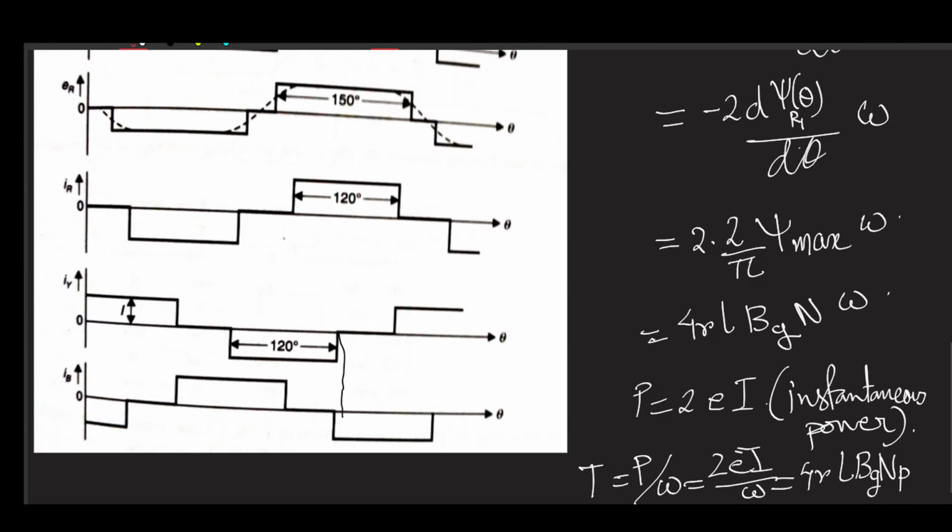So into I. The torque is taking the same form as your DC machine case, K phi I, and you are having E is equal to K phi omega.